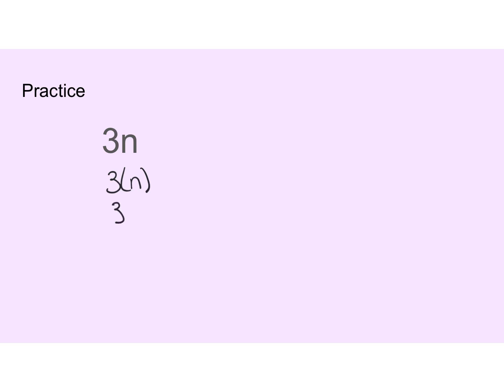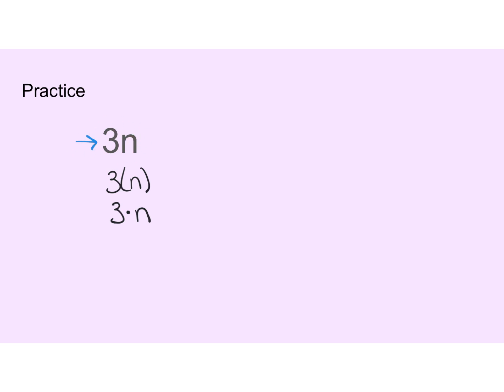Maybe you wrote down 3 times n, again using the dot symbol to represent multiplication. But as you move forward, I want you to start developing the habit of not necessarily using those parentheses because those are more for substitution, and not really using the dot either to show multiplication, just because this is more the format that you're going to see in algebra class.